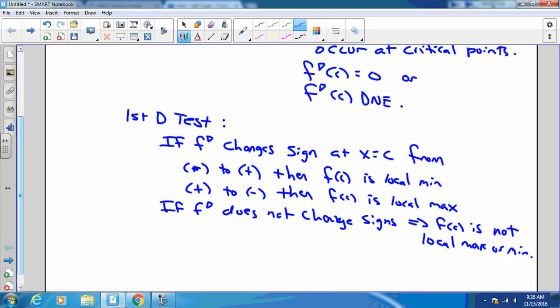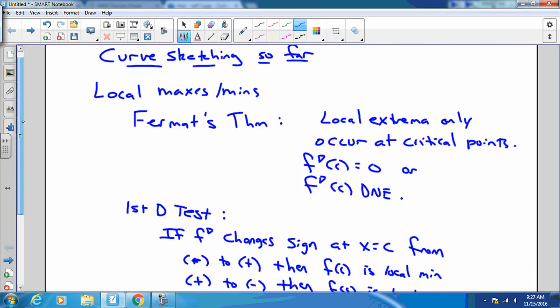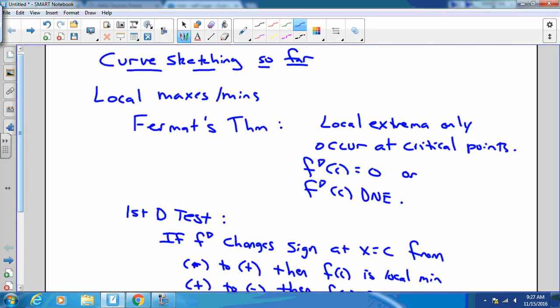Notice that a constant function has the weird property that every single point is a local max and a local min, and that f prime of c is equal to 0. Okay, so these are the local max and min finders.